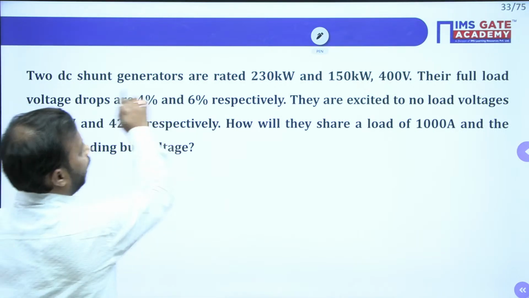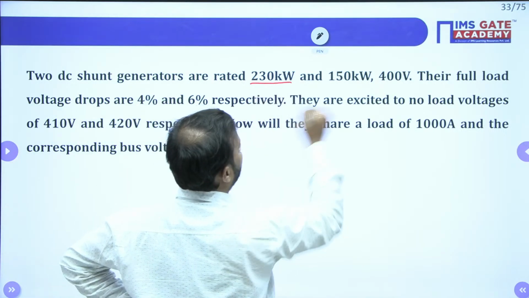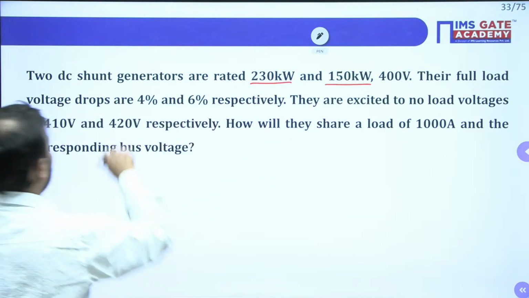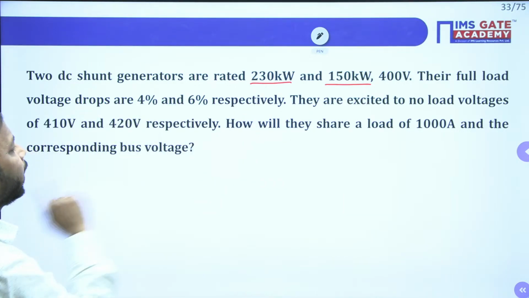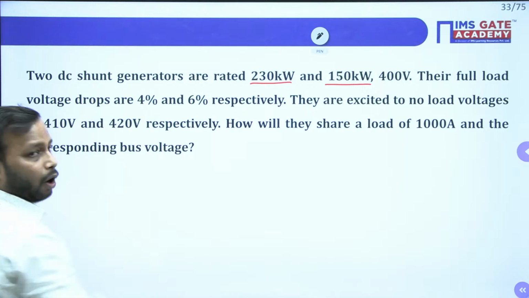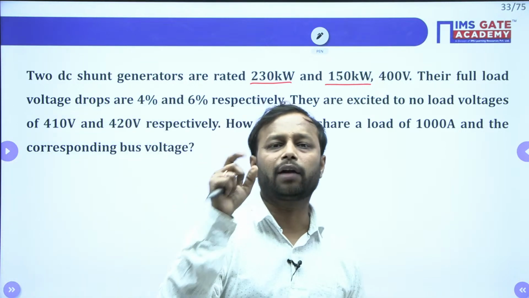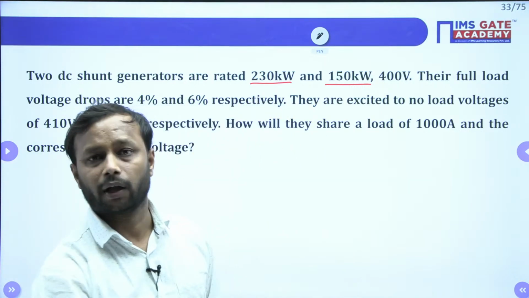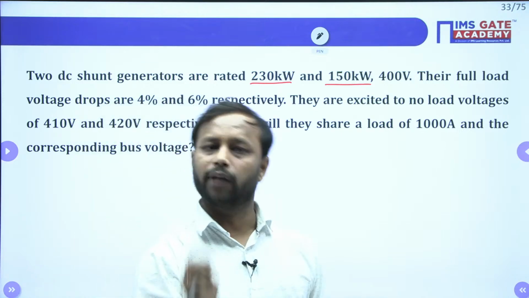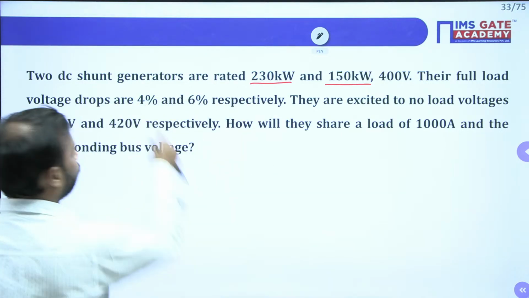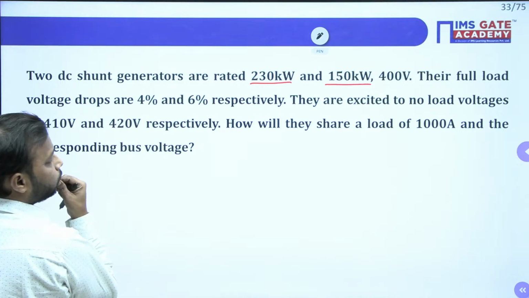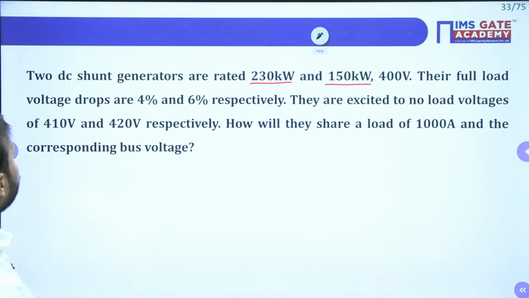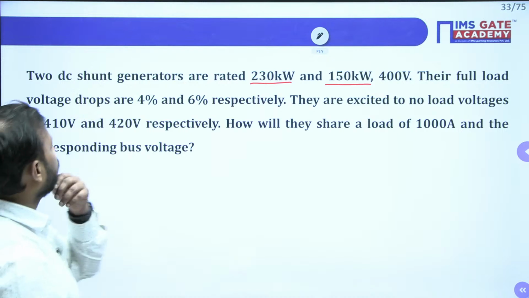Now these generators are rated at 230 and 150 with a voltage drop of 4% at the rated, full load value. This means that whatever loss we have is only due to the resistance. So 4% voltage drop, 4% of full load current into RA.